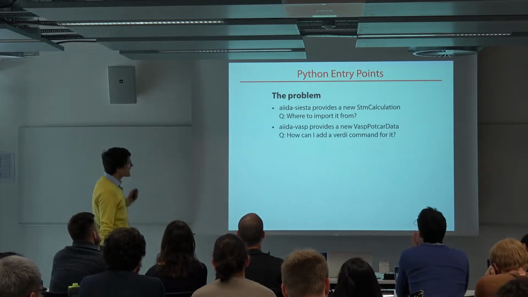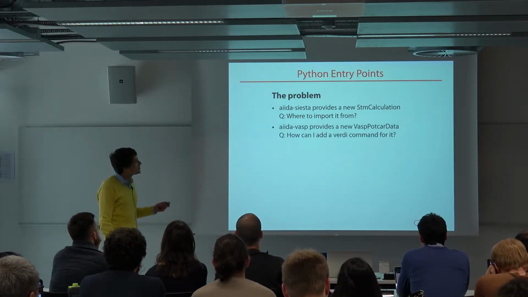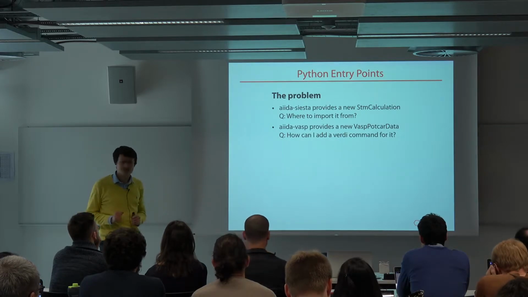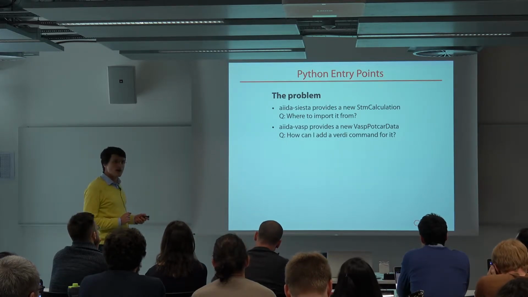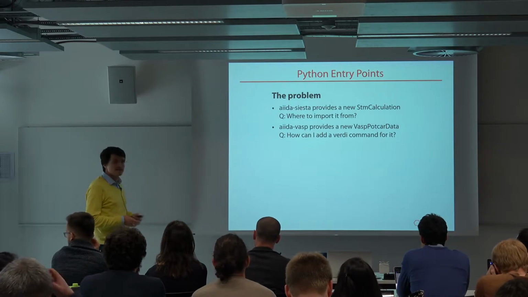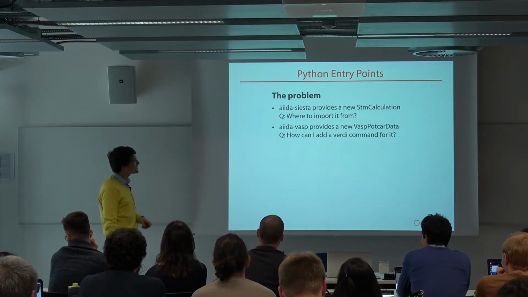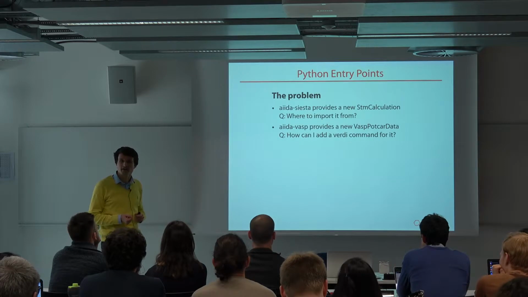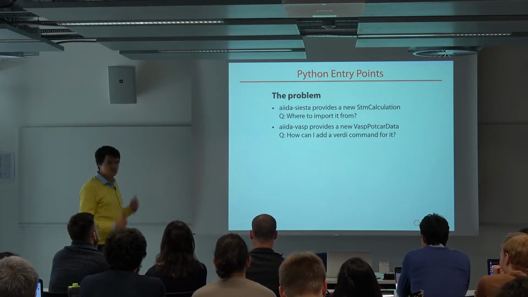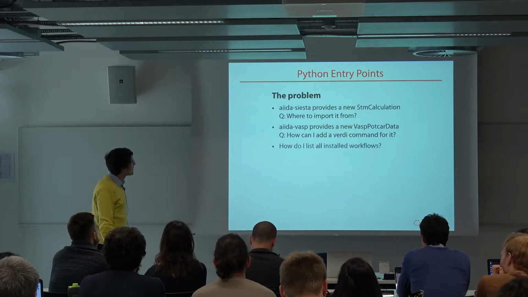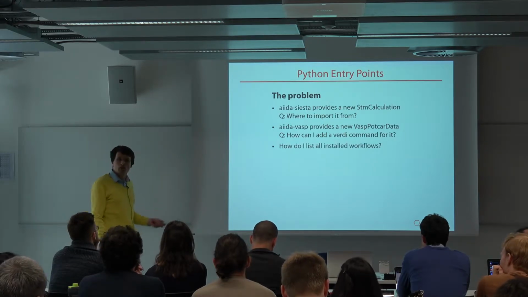But now let's say aiida-vasp wants to provide a new VASP POTCAR data. And how do I add a verdi command for VASP POTCAR data so that people who already know how to use verdi can directly use this to inspect a POTCAR data node? Or how do I list all the workflows that I've installed on my machine?